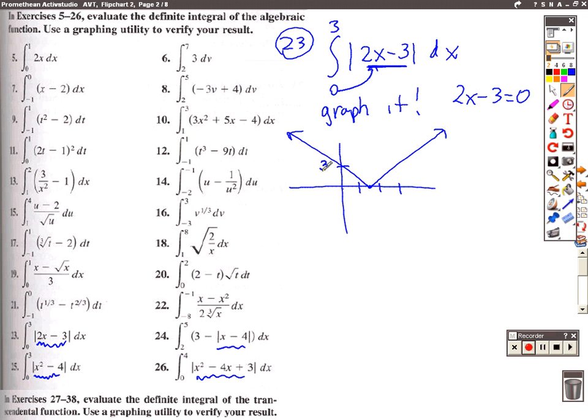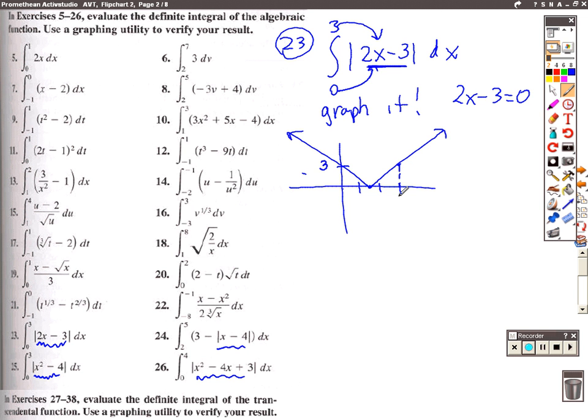Okay, so that's important because all I'm going to do here is go back to the good old-fashioned way of integrating by finding area. Now I'm going to do the same thing with 3. 1, 2, 3. I'm going to substitute 3 in place of this. 3 times 2 is 6, and 6 minus 3 is 3, and the absolute value of 3 is 3.